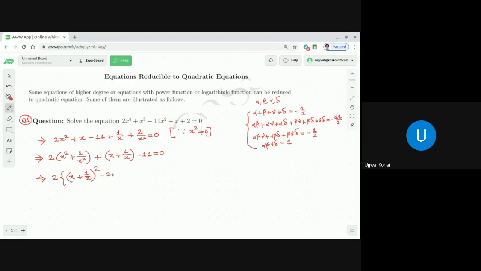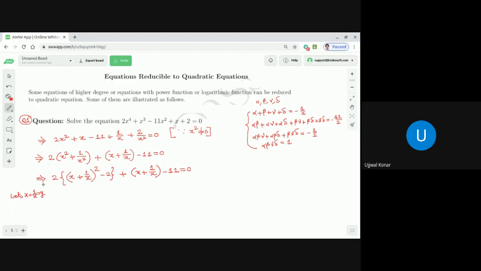Minus 2 into x into 1 by x, correct or not? Plus x plus 1 by x minus 11 is equal to 0, correct, dear students? So now let x plus 1 by x be y.